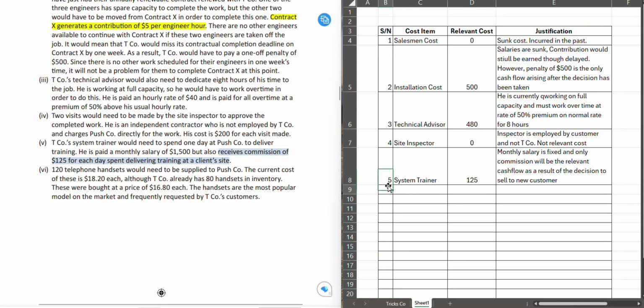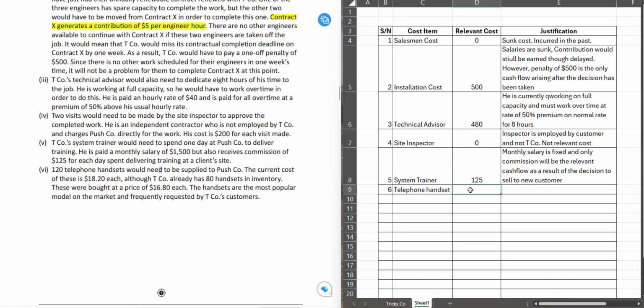Note 6. Gradually, we're almost done with this. Note 6 on telephone handsets. Telephone handset. 120 telephone handsets will need to be supplied to Pushco.